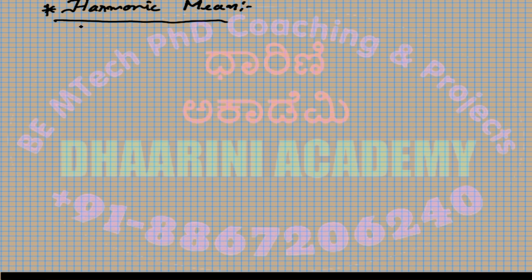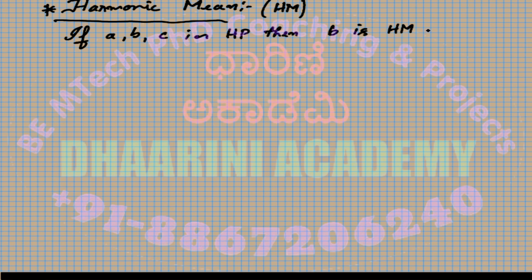So let's write that. If A, B, C are in harmonic progression, then B is HM here, just to indicate that harmonic mean is HM. B is said to be the harmonic mean of A and C.